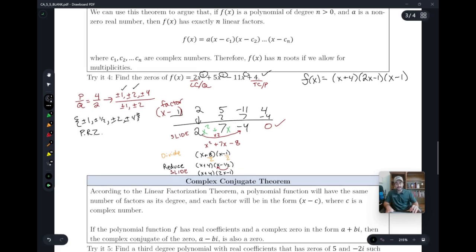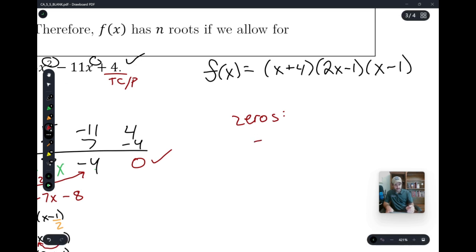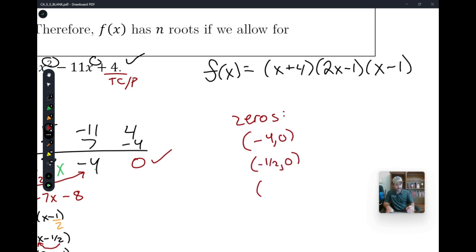And so if we set each of those factors equal to 0, we'll get our zeros. Our zeros were x negative 4 comma 0 from the first one, negative 1/2 comma 0 from the second one, positive 1/2, and 1 comma 0.